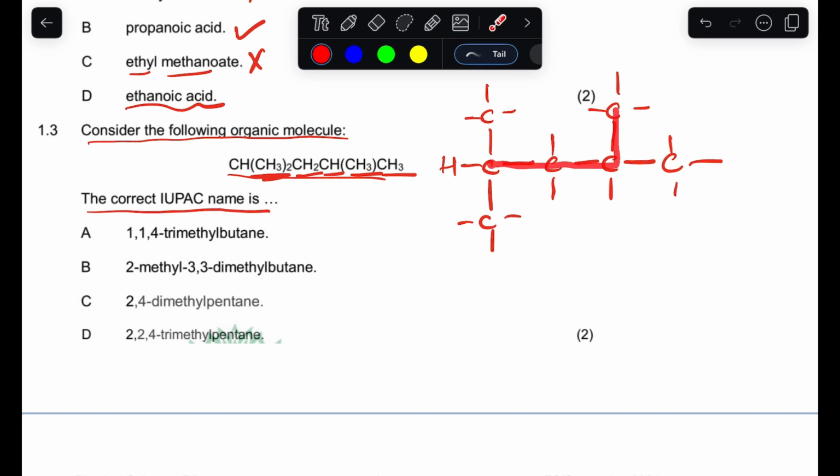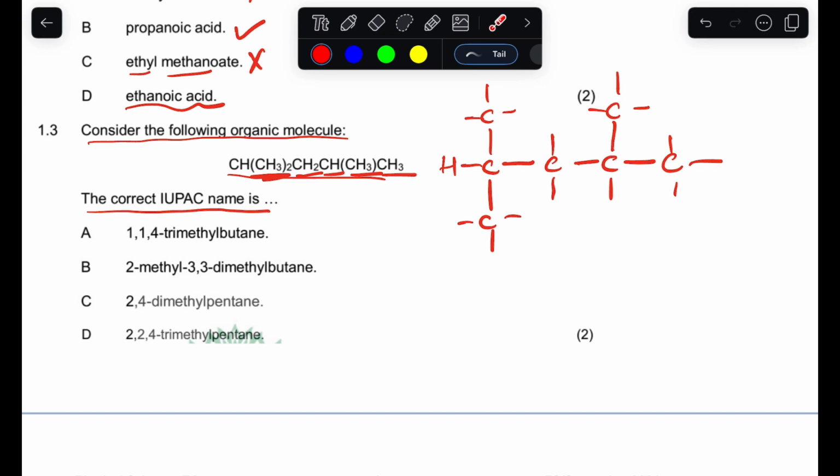It's 1, 2, 3, 4, 5, right? It's 5 this way, 5 this way. You get me?